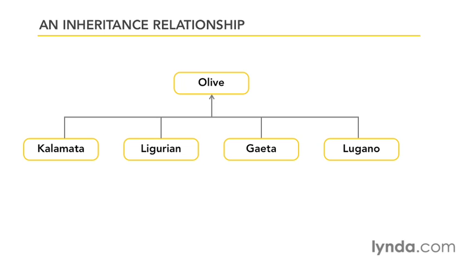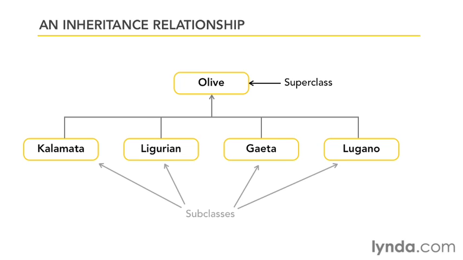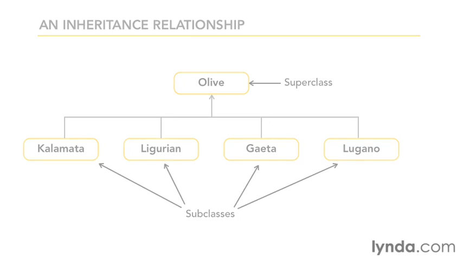That arrow means that the subclasses are extending the functionality of the superclass. The superclass is Olive, and all the others are the subclasses. We call this single inheritance because each subclass can only have a single superclass. But as you can see, a superclass can have many subclasses.